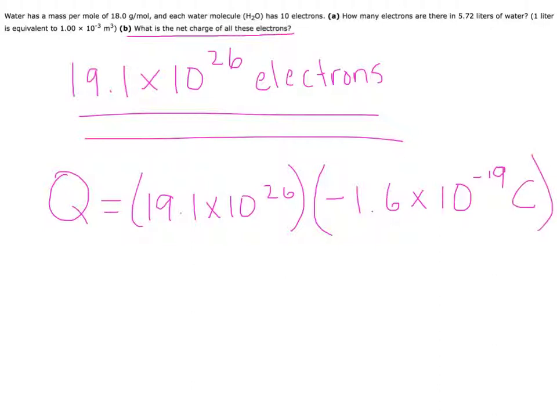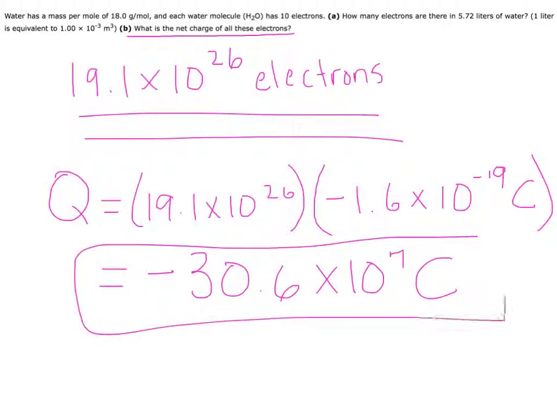And you have to make sure it's negative because you're dealing with electrons. If it was protons, it would be positive. So you end up getting the net charge, which equals negative 30.6 times 10 to the 7th coulombs. And that will be the answer for the net charge of all these electrons, part B.